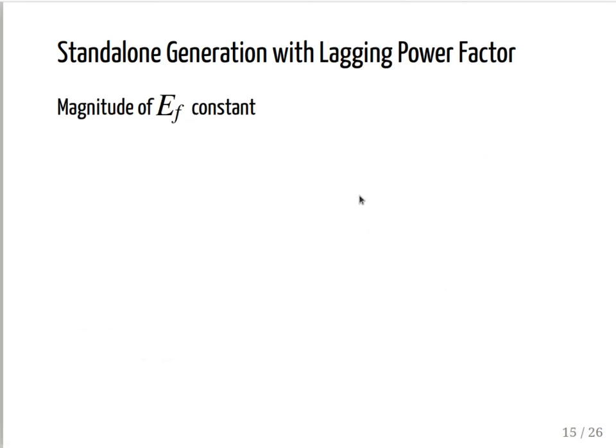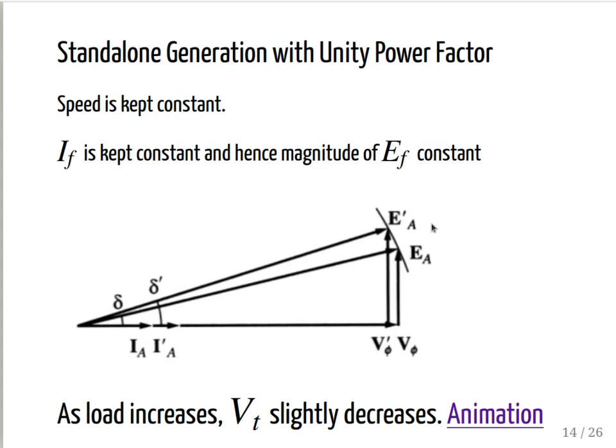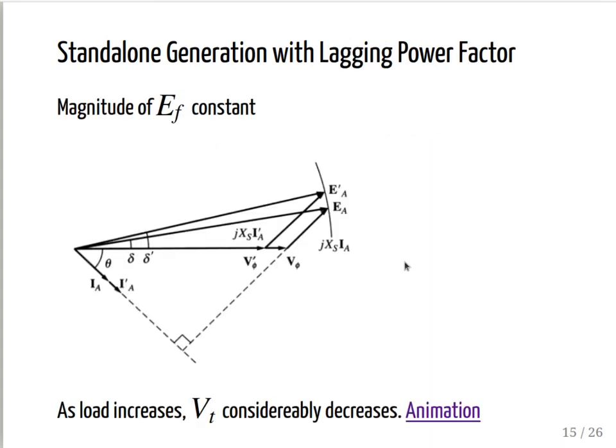Let's have a look at the same thing with the lagging power factor. This was the unity power factor, and this is the lagging power factor. Initially I have that configuration.